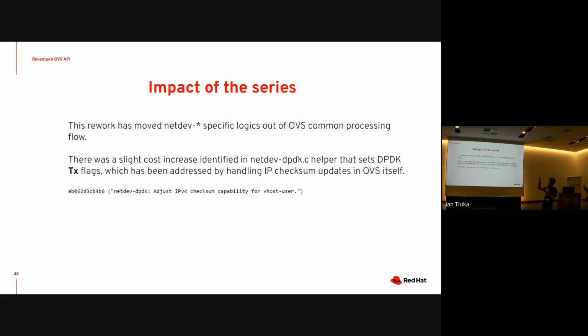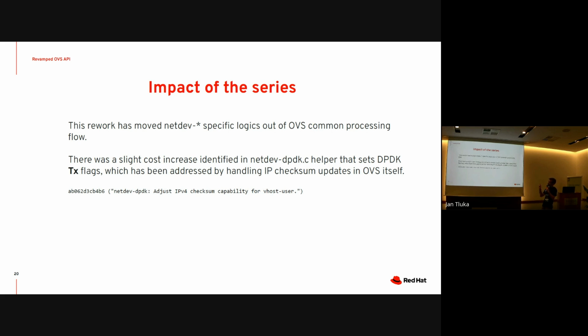So we moved a lot of code from the core of OVS to the drivers themselves. Because of this, there was some more complicated conversion in the netdev DPDK driver, for example. So it impacted the performance a bit for packets that were not touched at all.